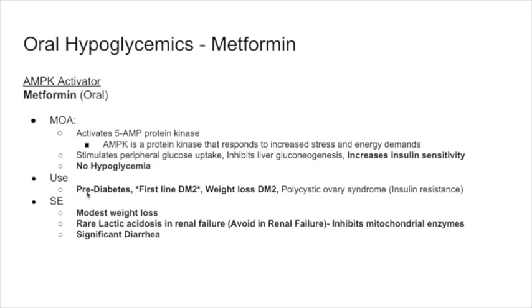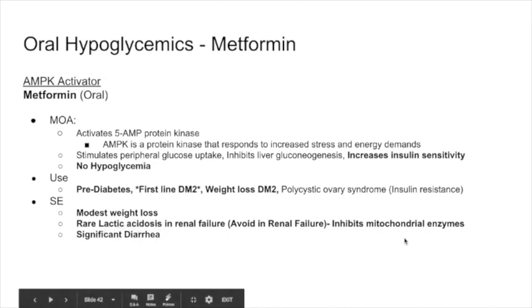Side effect for metformin, first thing is that you can actually have modest weight loss, which is something that's beneficial for some of the diabetics. The biggest two things that I want you to be aware of for metformin as far as side effects is that there have been rare cases of lactic acidosis in patients with renal failure.